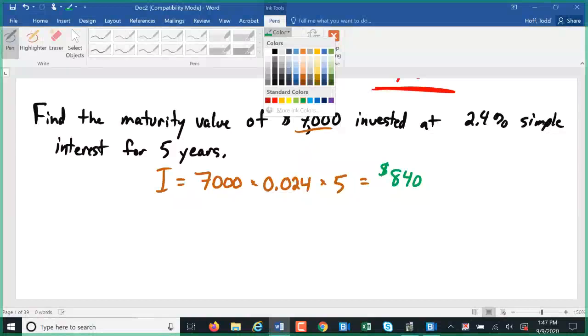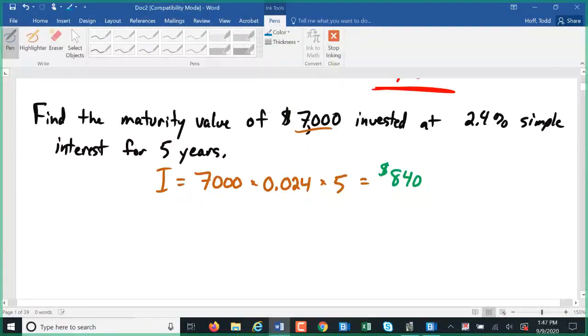Now that may seem like a lot, but that is over 5 years. Now our maturity value then is we take our $7,000 principal plus our interest of $840, get a maturity value or an ending balance of $7,840.